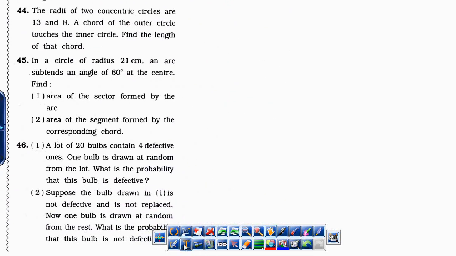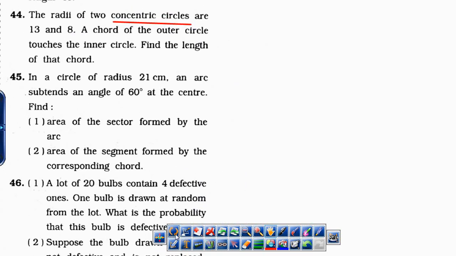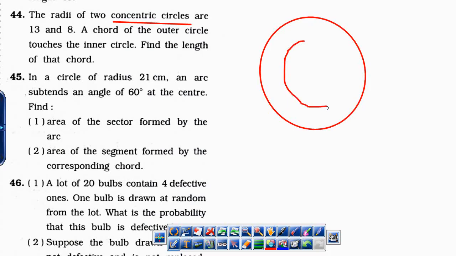सम नंबर 44. कॉन्सेंट्रिक सर्कल्स, मतलब सर्कल के अंदर सर्कल. The radius of two concentric circles are 13 and 8. A chord of the outer circle touches the inner circle.